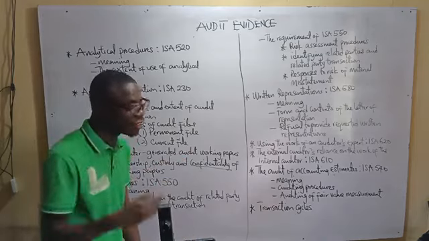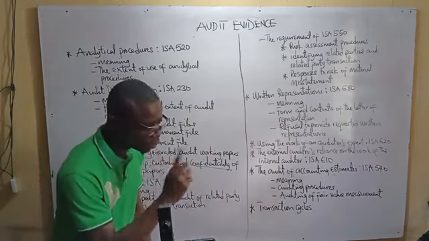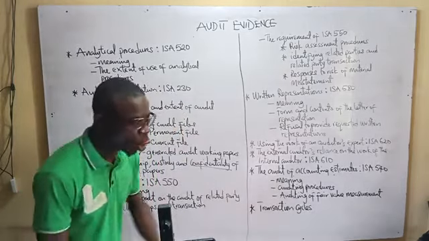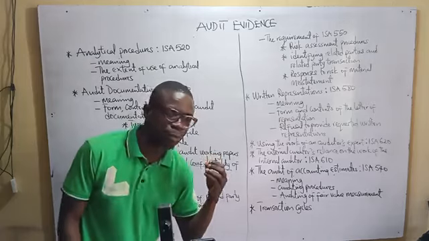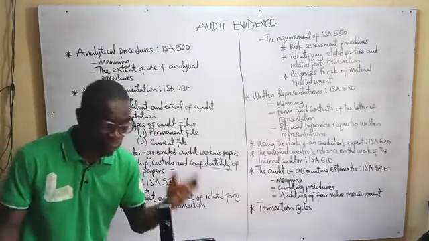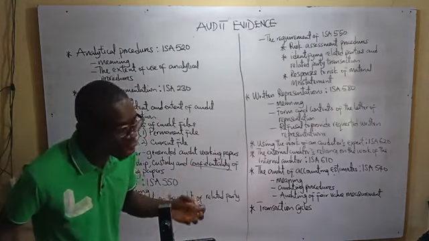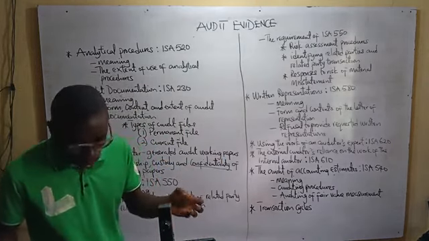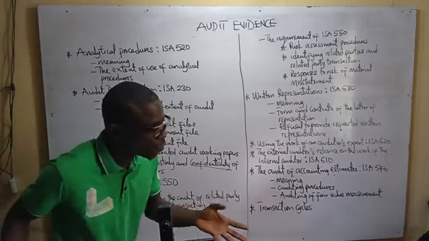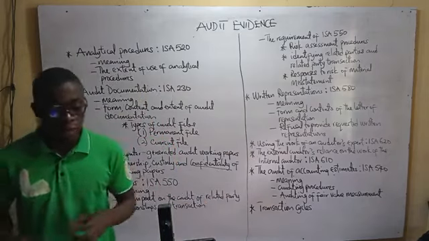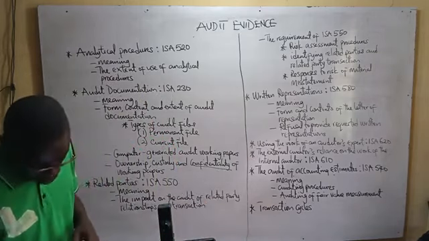And if the accounting system of the organization cannot detect related party transaction, it can also cause high risk of misstatements. Also, if the related transaction lacks commercial substance, that means it is not at arm's length, it will cause a high risk of material misstatements.